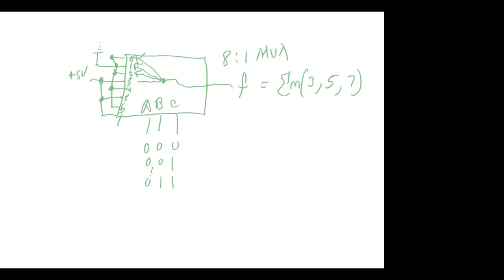Let me just look it up real quick. And that is an 8-to-1 multiplexer, so I am correct. It's not much, but it's all I've got. I can remember some of these things. 74151. So the decoder was 74154. That was a 4-to-16 decoder. This is an 8-to-1 multiplexer.